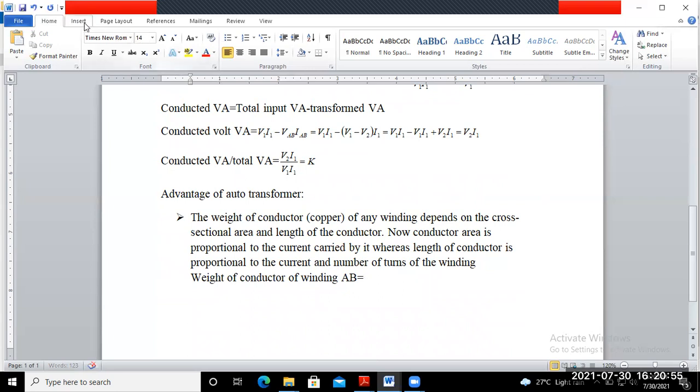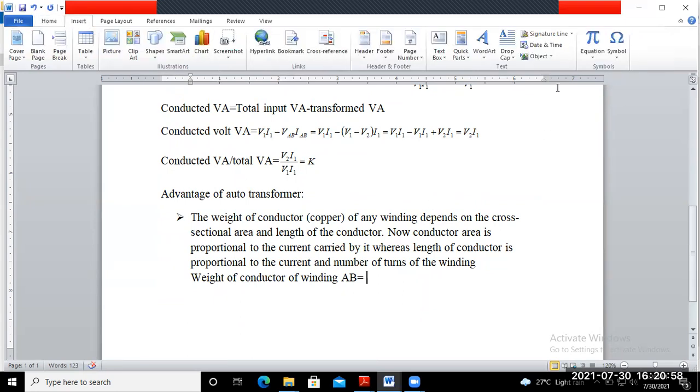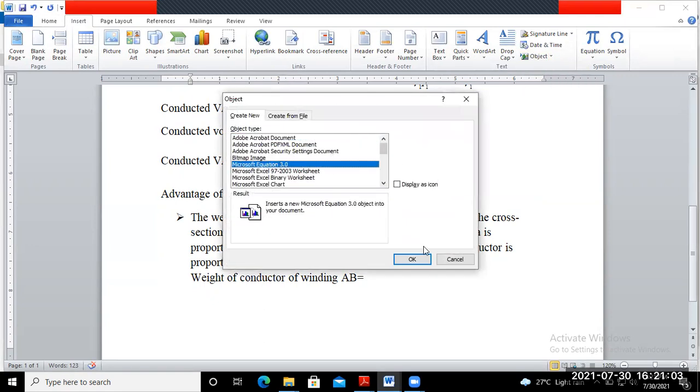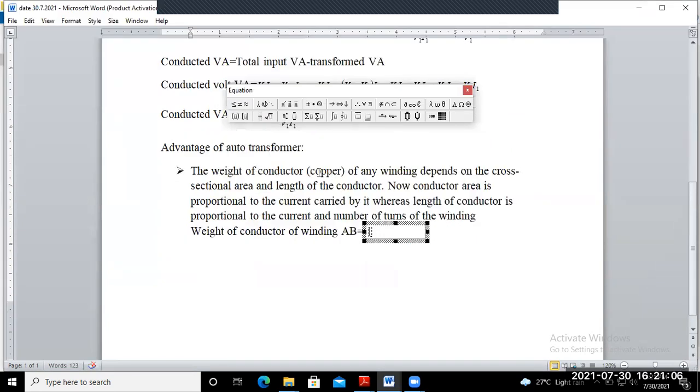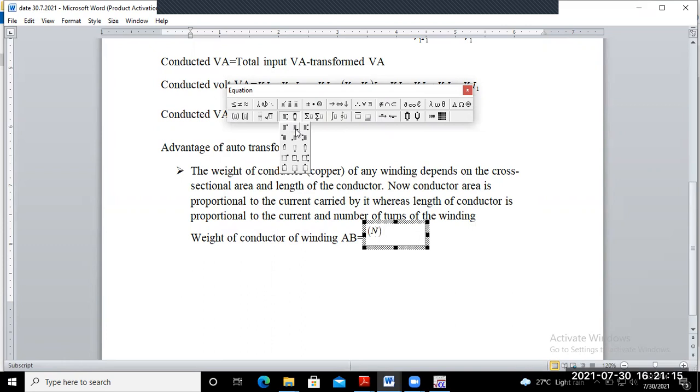So the weight of the conductor is equal to N1 minus N2 into I1.